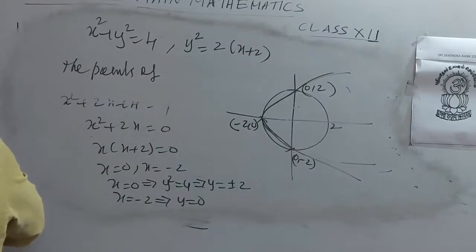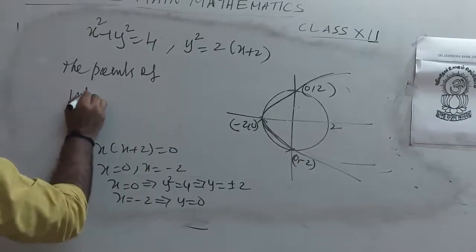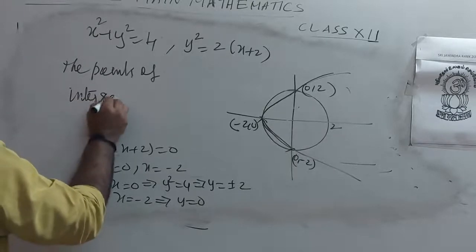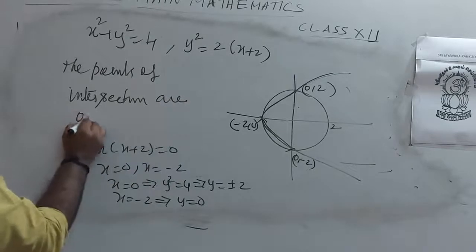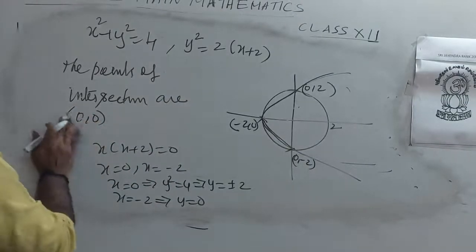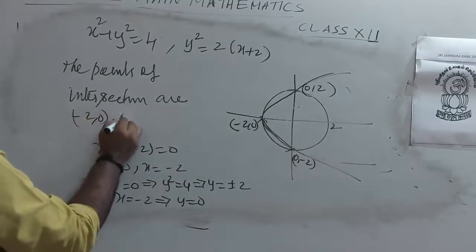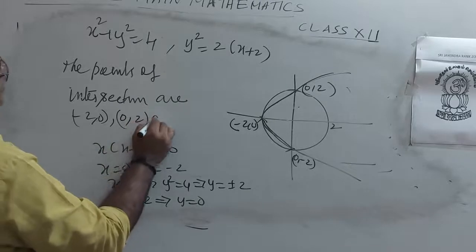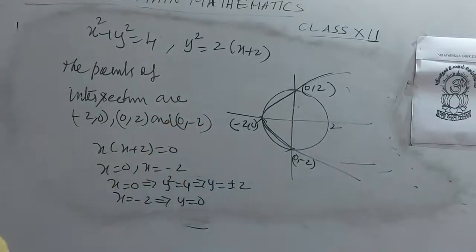The points of intersection are minus 2 comma 0, 0 comma 2 and 0 comma minus 2.